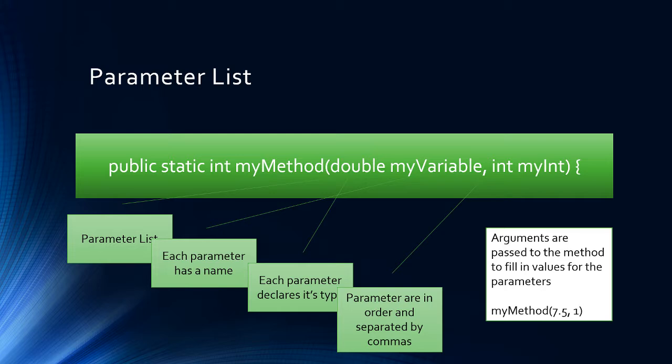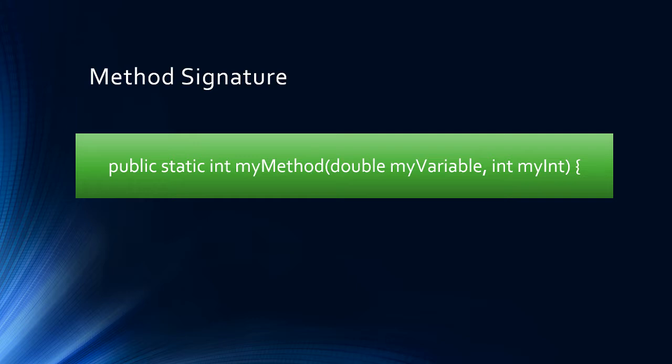Whenever another method calls our method, it will be passing values to us, which can be considered arguments that are being passed to our method as parameters. This method header becomes the method signature. The signature of the method includes the name of the method, parameter types of the method, and return types of the method. In this way, we can make sure that we're calling the correct method when we're using a call in Java.